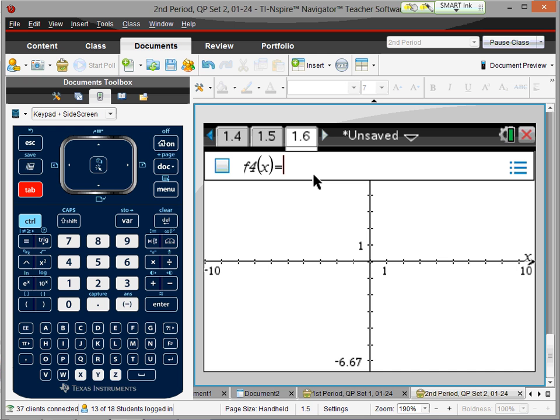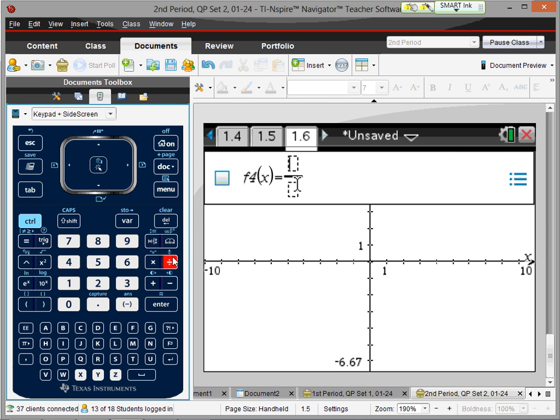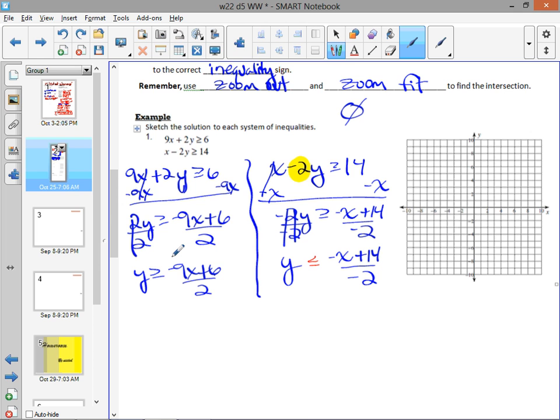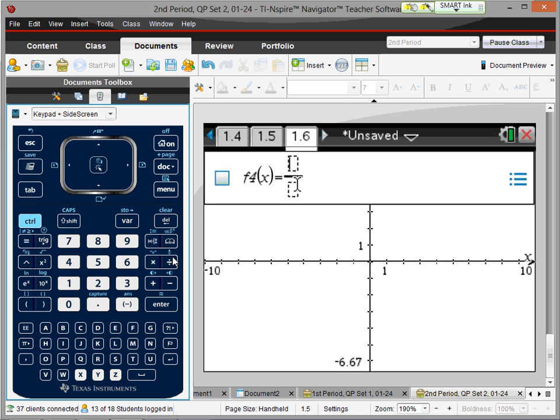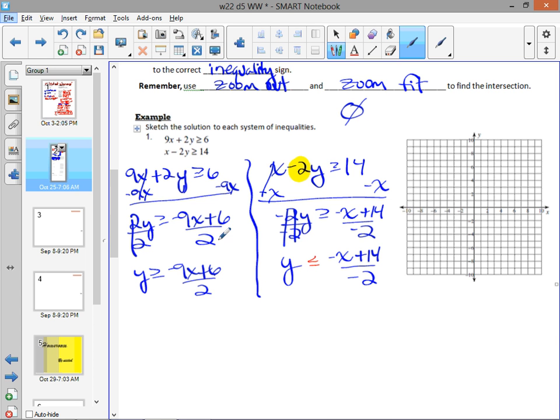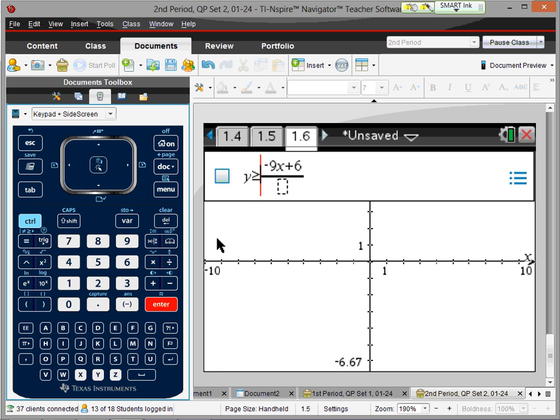Okay, what was that first one? Negative 9x plus 6 over 2. Uh-oh. What did I forget? Yep, gotta change it to an inequality.